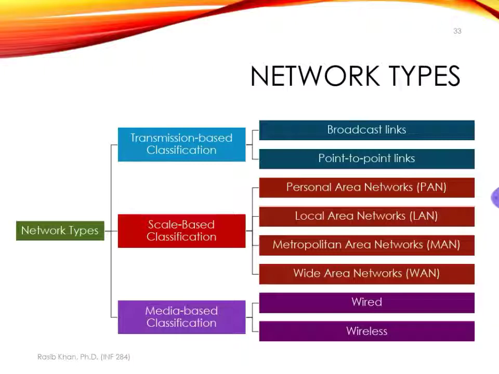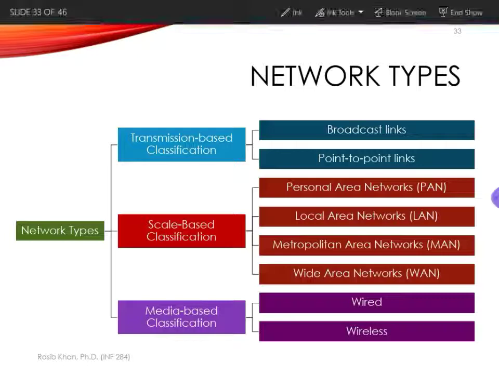So there are many different types of networks, and we can classify them based on three different aspects. In terms of the transmission type, they can be classified into broadcast links or point-to-point links.